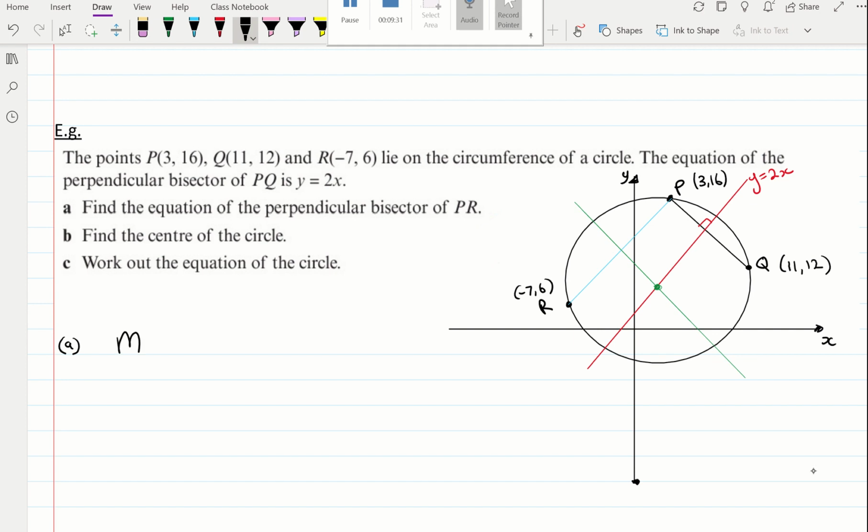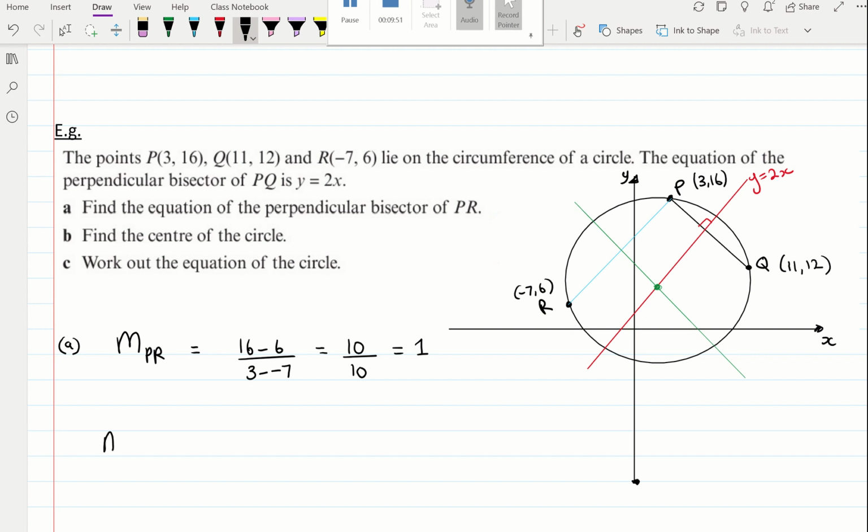So the gradient of P to R is going to be 16 minus 6 over 3 minus 7. So 16 minus 6 is 10, 3 plus 7 is 10, so this is 1.